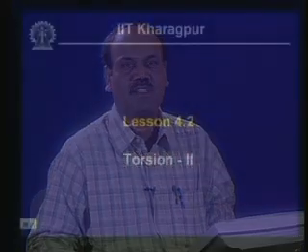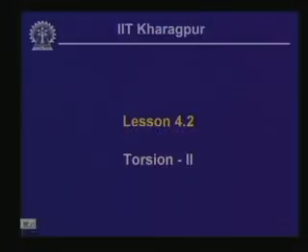Welcome to the second lesson of fourth module, which is on torsion part 2. In fact, in the last lesson, which was on the first part of the torsion, we have seen some aspects of the torsional moment which are applied on a bar, and we had considered that particular section, the cross section of which is a solid circular one, and we have seen the effect of the torsional moment in such a bar. Today, in this particular lesson, we are going to look into the effect of the twisting moment on such a bar where the cross section is not a solid one, but a hollow one.